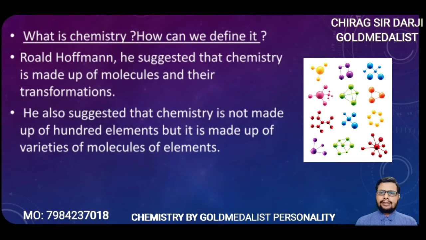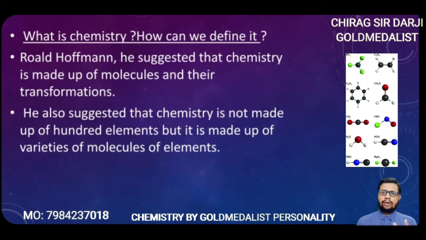The scientist Roald Hoffmann suggested that chemistry is not made up of 100 elements, but it is made up of varieties of molecules of elements. And also he suggested that chemistry is made up of molecules and their transformations.